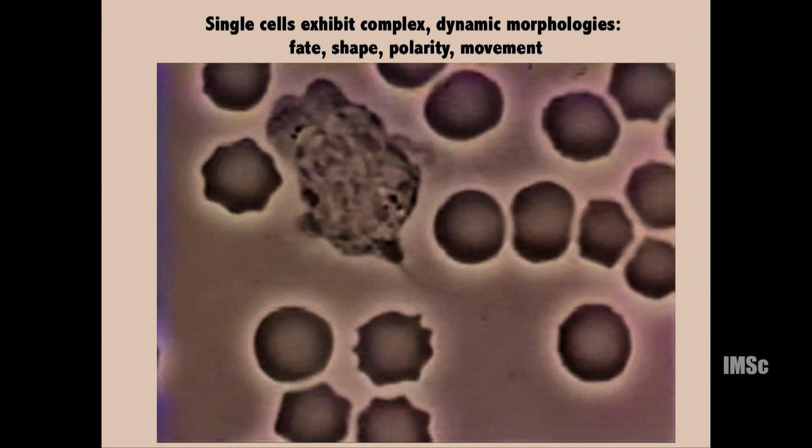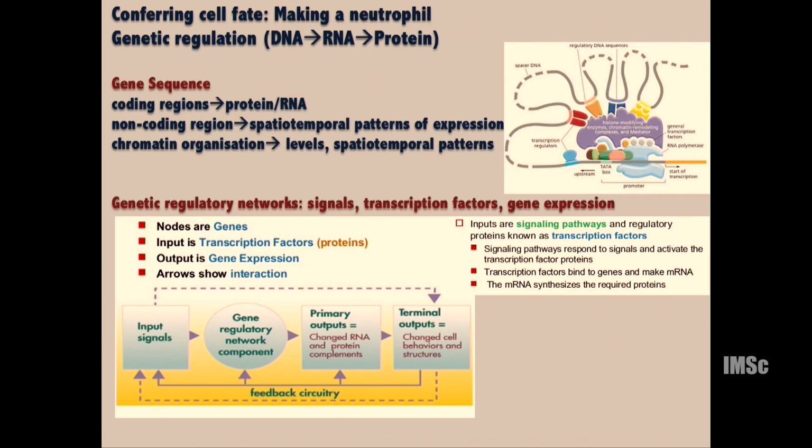Not all cells in the body are capable of being such experts at engulfing debris or bacteria. So the first thing it had to do was to become a neutrophil. Then it had to change its shape, polarize its migratory axis, so there was a leading edge and a trailing edge, and then actually generate forces so that it could move.